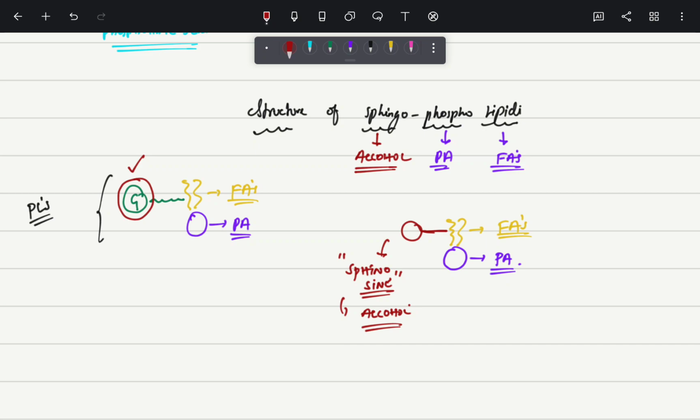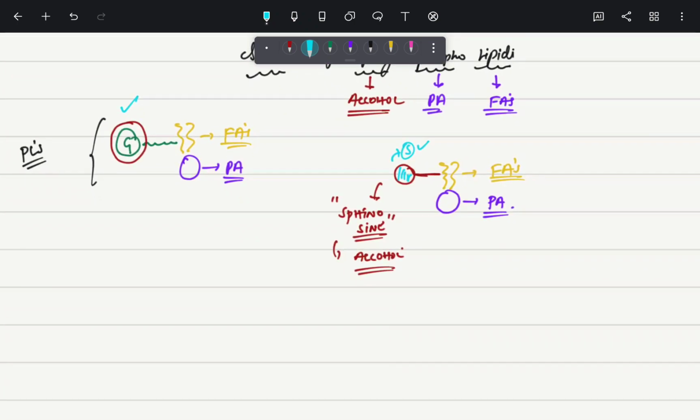So that is the main structure that is different from phospholipids. In phospholipids the alcohol was your glycerol, whereas in sphingophospholipids the alcohol was your sphingosine. I hope you are clear with these terms.